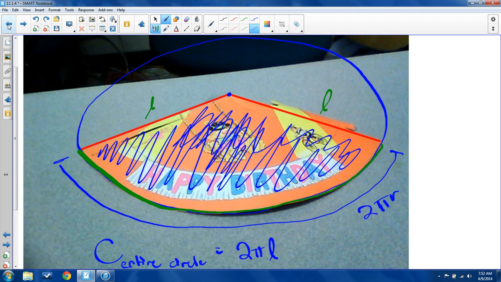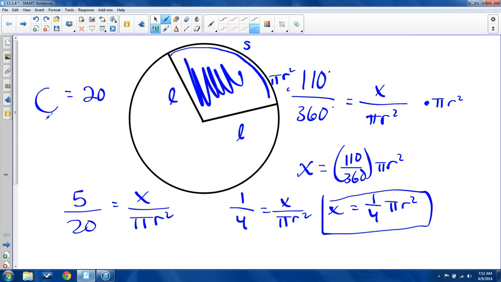This is where I go back to what I was talking about before. We did areas of sectors before by taking central angle out of entire circle. Well, you can do the same thing by finding the length of this arc length out of the entire circle's length. So if I know the length of this right here, like 5, and the length of the entire thing, like 20, then I do 5 over 20.